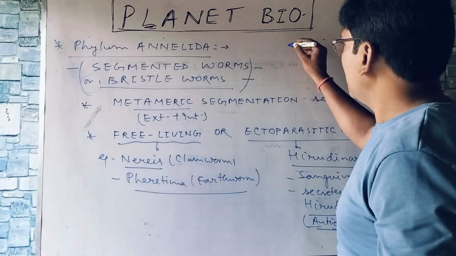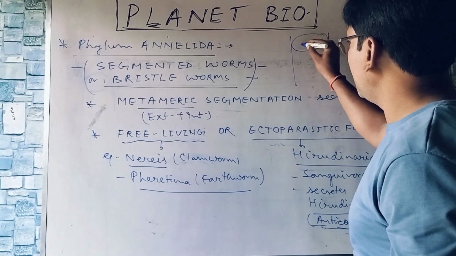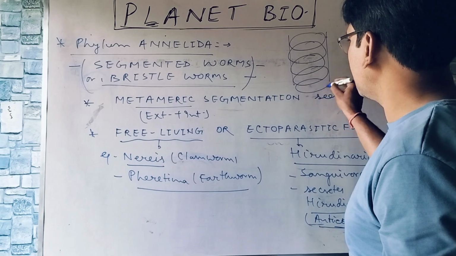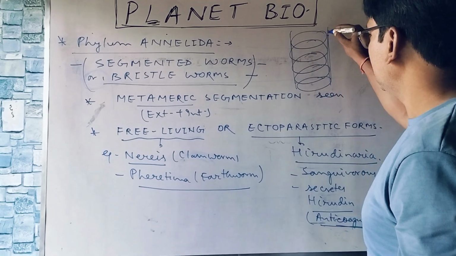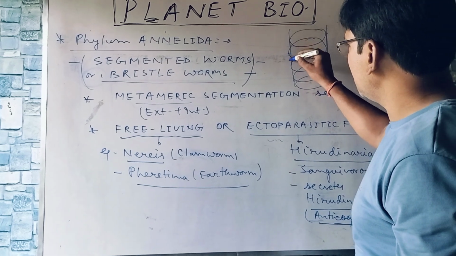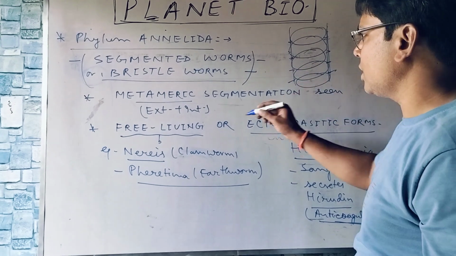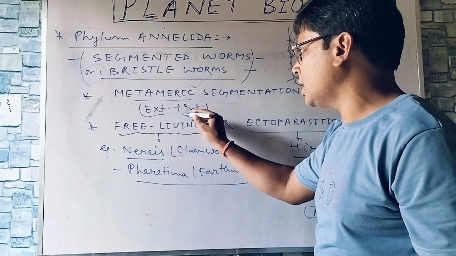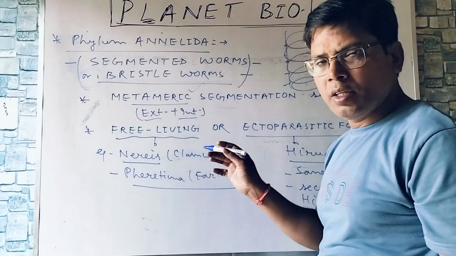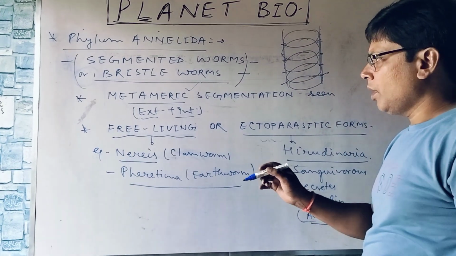Means if you study the body, you can find the segments are overlapping, like this, not touching ends, overlapping, and these are the segments. The true segmentation is called metameric segmentation, externally as well as internally. Segmentation means serial repetition of at least some organs, and they may be free living.